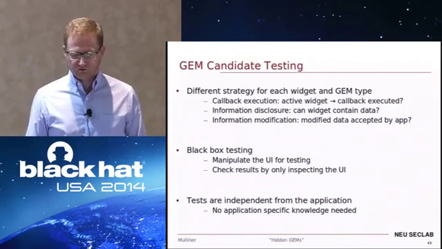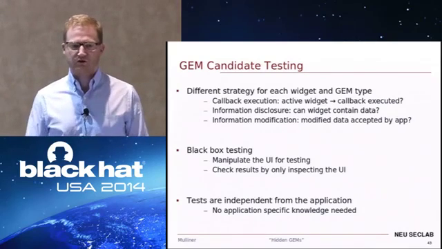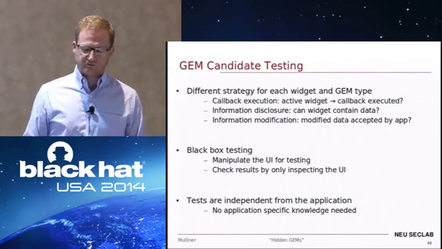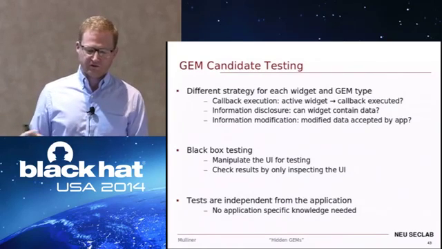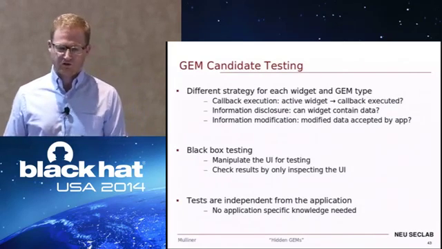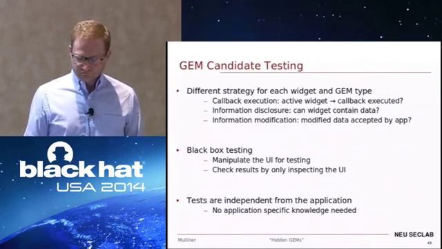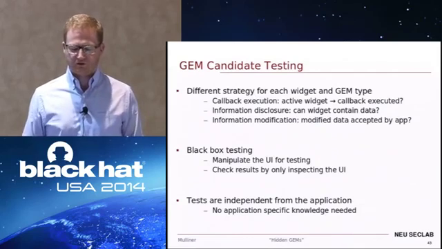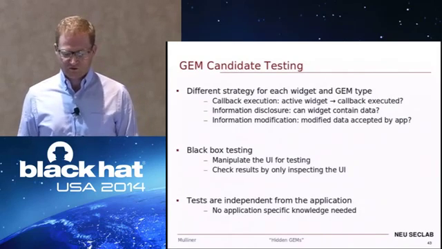For example, for a button we check whether the callback is executed, such as a screen appearing. For information disclosure, we ask whether this widget can contain data. And for information modification, we see if the application accepts the data.